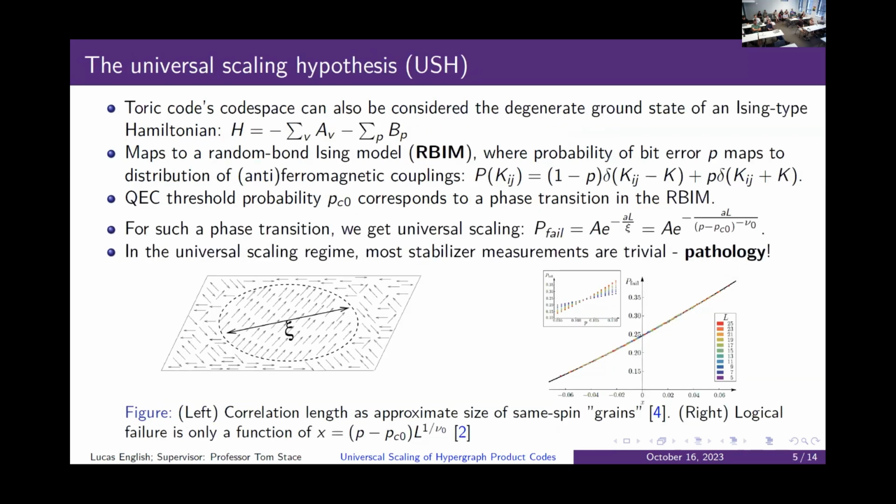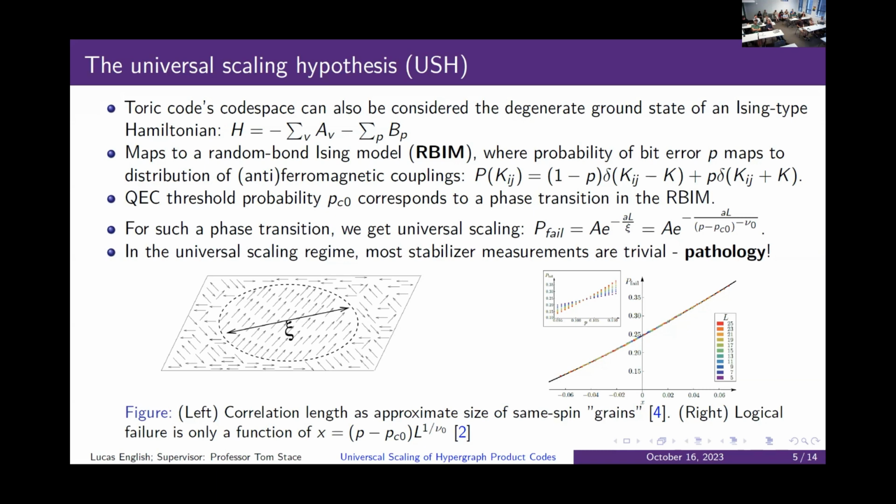And by mapping it to that, considering it as the ground state of that Hamiltonian, we can map it to a random bond Ising model, where it's just like a normal Ising model, except our coupling constant goes from -1 to +1. So ferromagnetic or anti-ferromagnetic couplings, where the probability distribution of that ferromagnetic or anti is given by this number p, where that's just the probability.